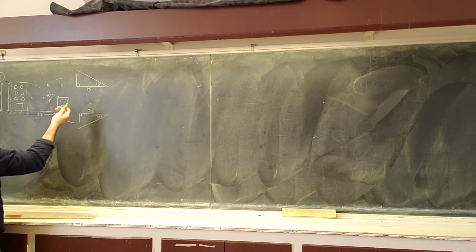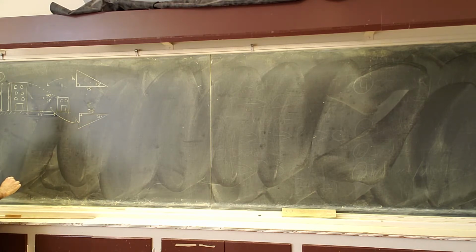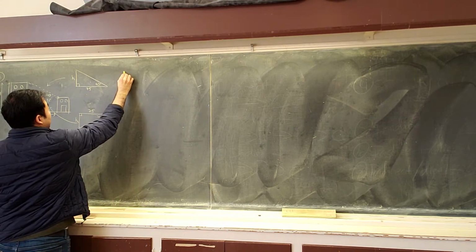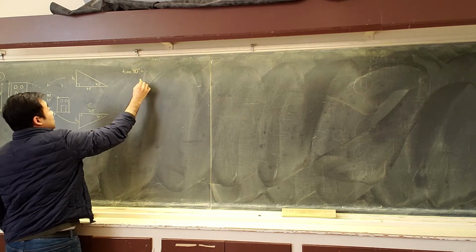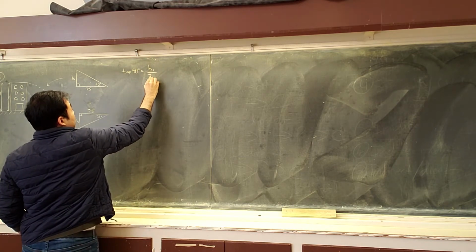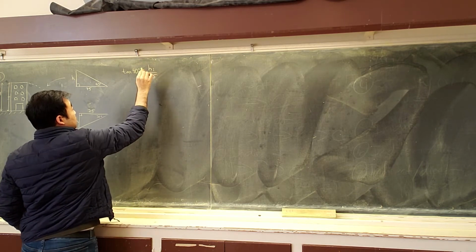So your goal is, let's call this H1 and H2. Please don't confuse that with hypotenuse. I just labeled it H for height. For the first one, tangent of 40 degrees is going to be opposite over adjacent. Why did you use tangent?